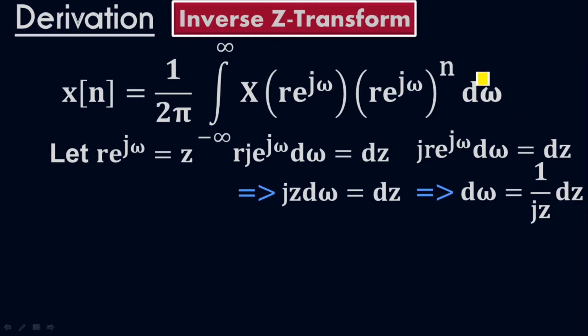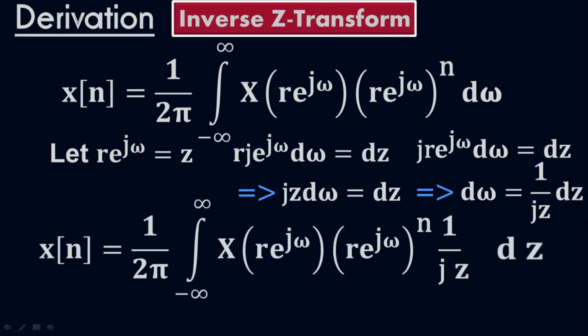Just replace this d omega by 1 over jz times dz to have x of n equals 1 over 2 pi into integral of x of r times e to the j omega into r times e to the j omega to the whole n times 1 over jz times dz. I just put 1 over jz times dz for the d omega here.